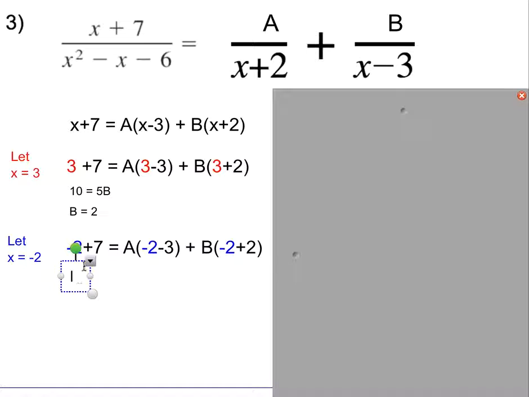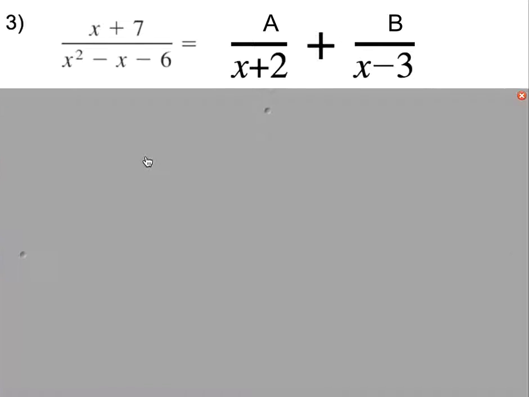So over here, negative 2 plus 7 is 5, set equal to negative 5a. And when you divide, you get a is equal to negative 1. So you will go back up here and replace a with negative 1 and b with 2 as your final answer.